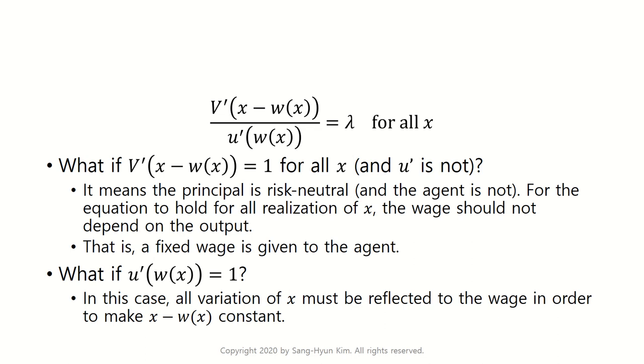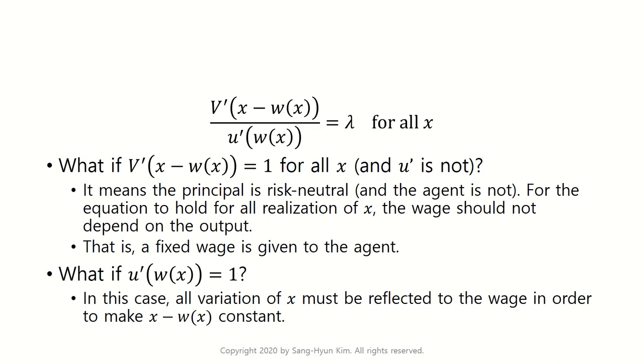Let's consider the next case. What if u prime is constant? Let's say 1. So u prime is 1 for all realized values of x. In this case, all variation of x must be reflected in the wage in order to make x minus w of x constant. We saw this case in example 1, and we called it the selling the firm contract, right?